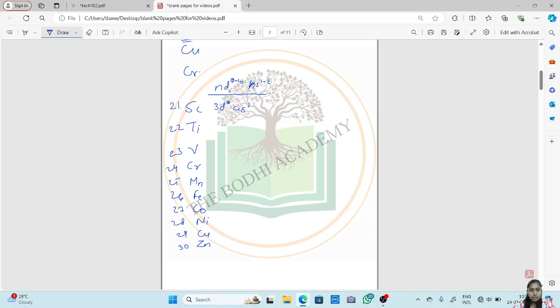Okay, ns 1 to 2, nd 0 to 10, ns 1 to 2. So here it is the 3d series. So I'm taking 3d. 3d orbitals are filled in this series. Okay, these atoms. So 3d0 4s1, 3d1 4s2. Okay, 3d2, not 3d0.